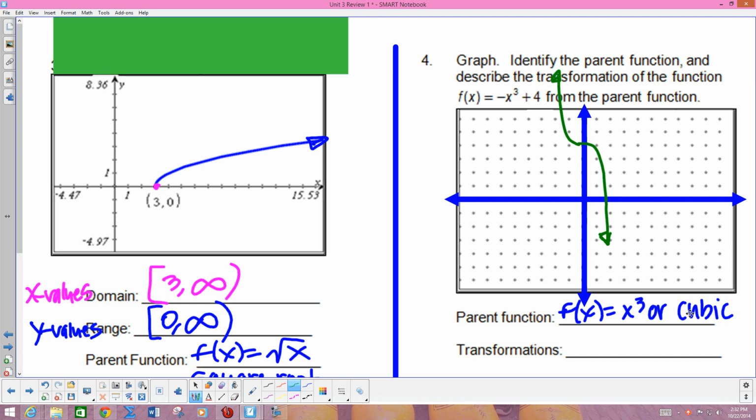Well, right away you can see with this one right here that it reflects over the x-axis and translates up 4, and it could be 4 units if you want to. But the key thing is that it translates up 4. That's what I really want. Remember, that's your k value here, and your k value is telling you if you're moving up or down.